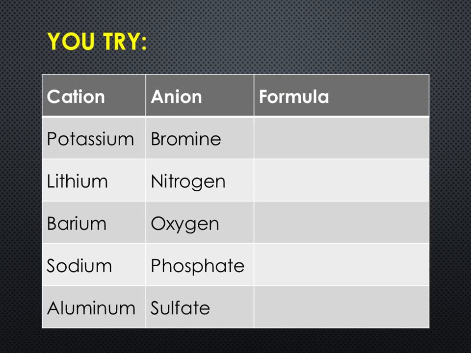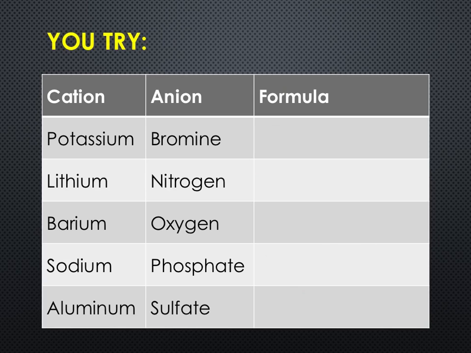Okay, at this point in the video, this is where I make you stop the video and work the problems to do a self-check. Now you're going to need your periodic table with your assigned oxidation numbers, and you're also going to need your polyatomic ion sheet that has the charges on it. So check the back of your periodic table.